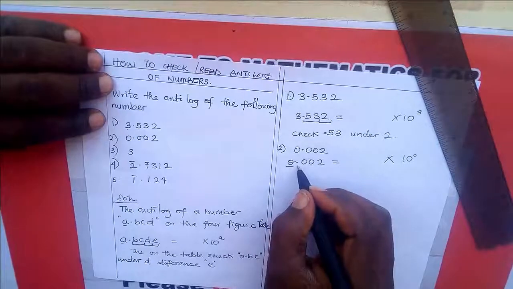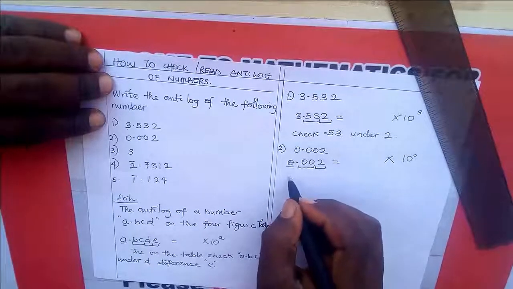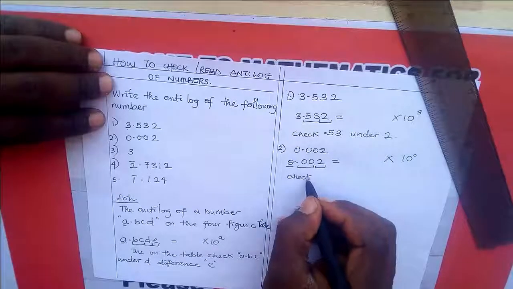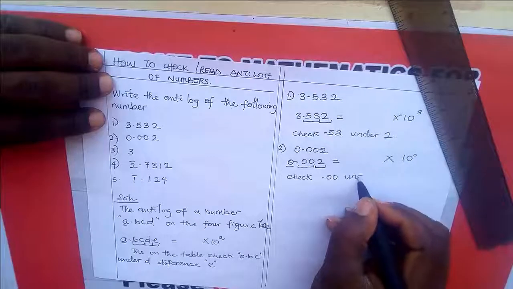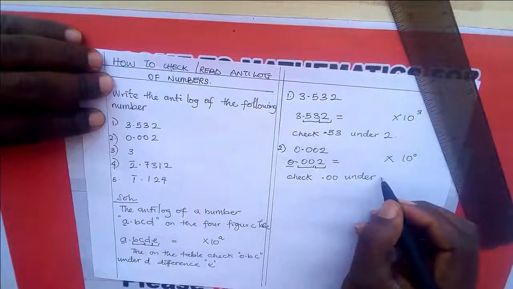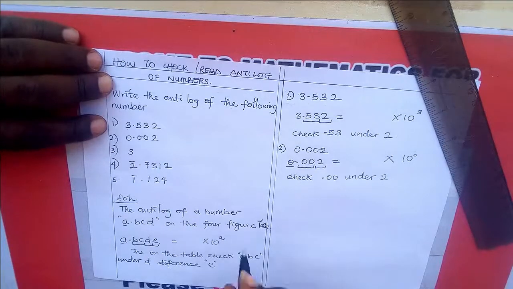Then I would check 0.00 under 2. So you check 0.00 under 2. I hope you really enjoyed that. So what did you get? I'll write my answer at the end of this class.